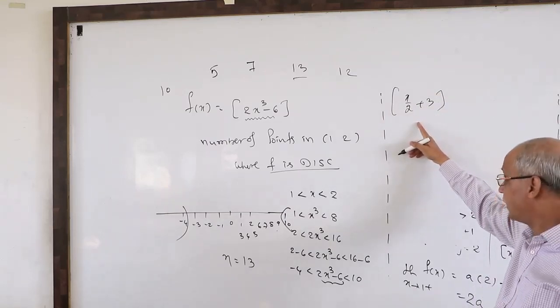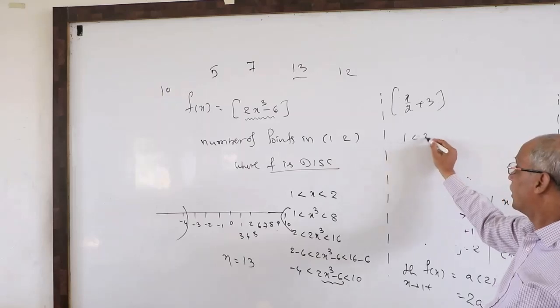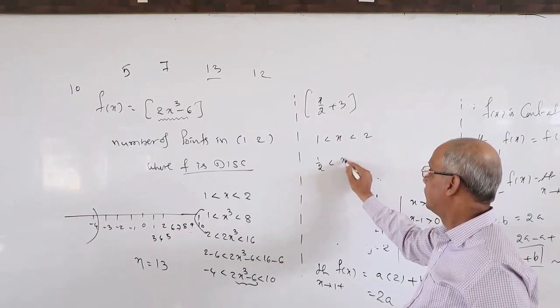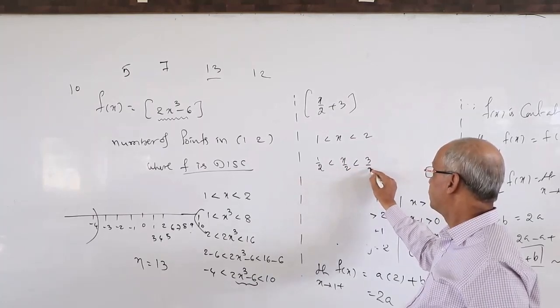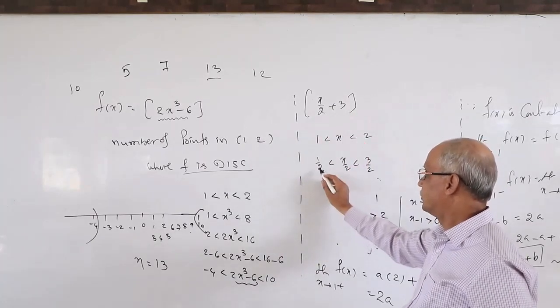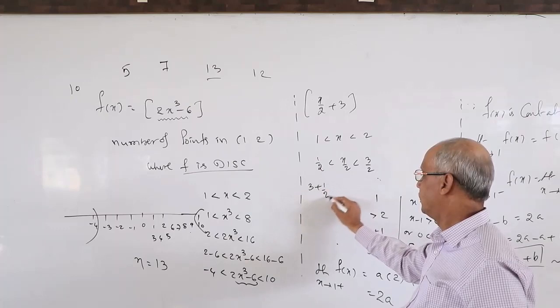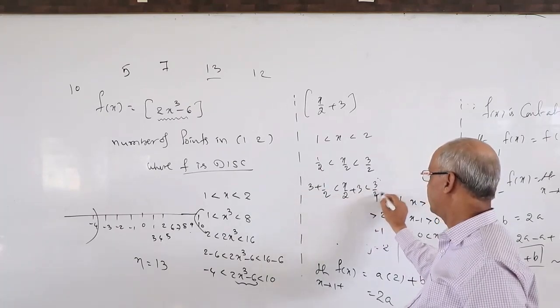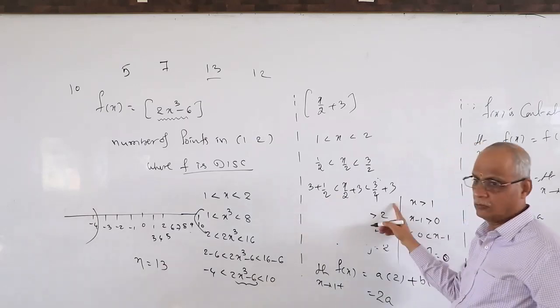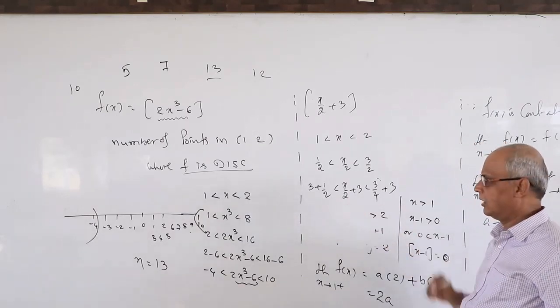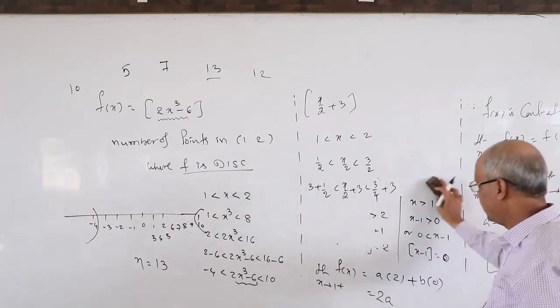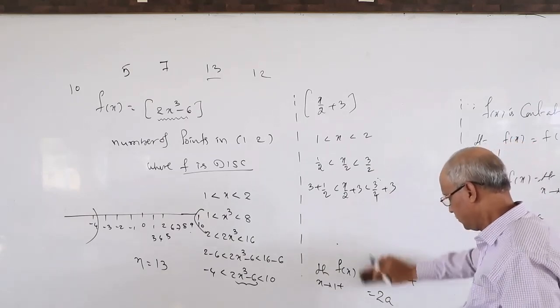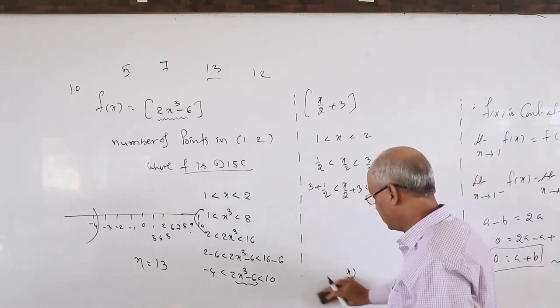That you can also find from this: 1 less than x less than 2, divide by 2, then add 3: 1 by 2 plus 3 less than the function less than 3 by 2 plus 3... Now you can count the numbers, draw the real line, find the integers, and get the answer only. So it is the easiest idea.